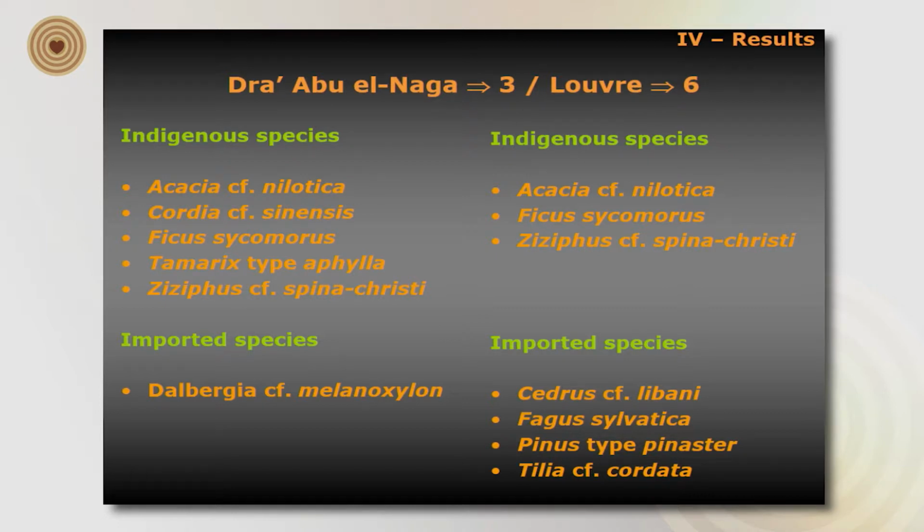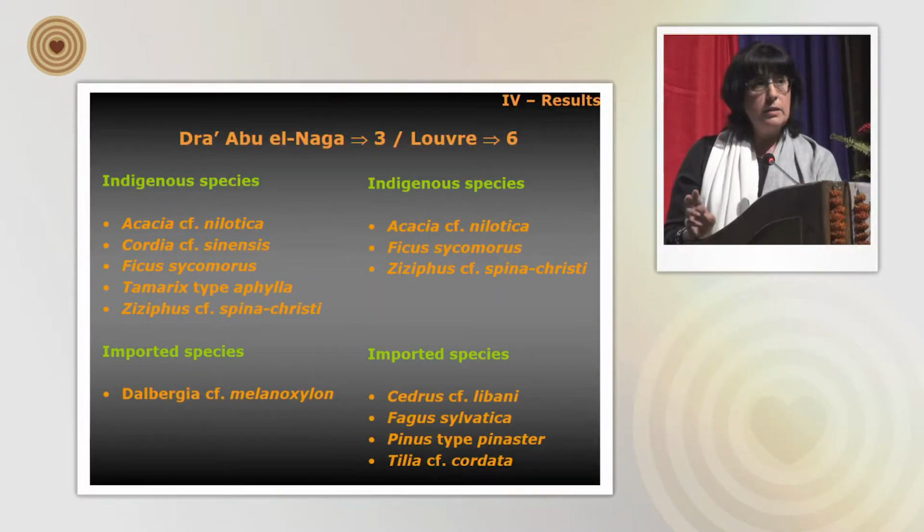It's not very easy to read, but when we arrive at the results, from Dra Abul Naga or Luxor, or from the Louvre Museum, we can see that the amount of indigenous species was more important than the imported ones.